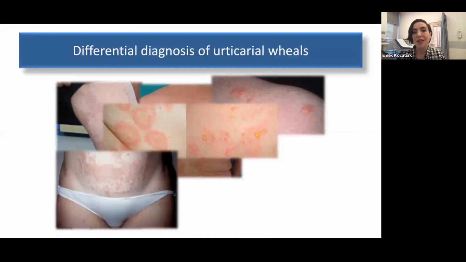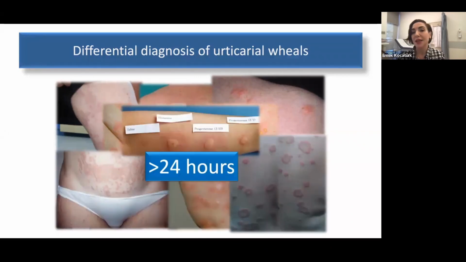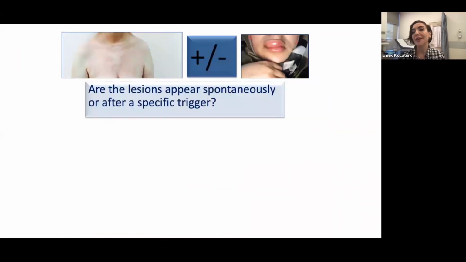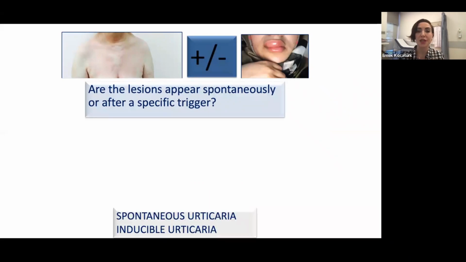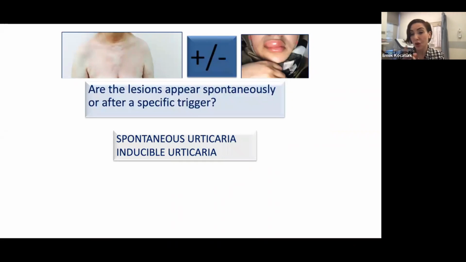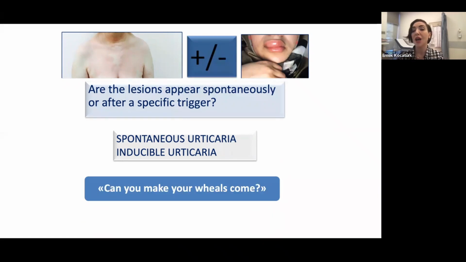Yes, you see here we have many differential diagnoses of urticaria, but the lesions last longer than 24 hours in many of these. And we have to also keep in mind that the patient may have inducible urticaria accompanying spontaneous urticaria, or they may have only inducible urticaria, but inducible urticarias are characterized by lesions that last shorter than the usual spontaneous wheal.